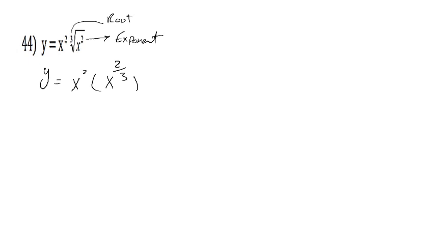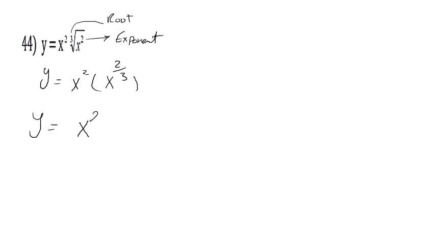These are two functions, x to the power of 2 multiplied by x to the power of 2 over 3. 2 is the exponent or the power, and here is the cube root. So I can write y as one term with a power of x. When I'm multiplying the same base, I'm adding the powers.